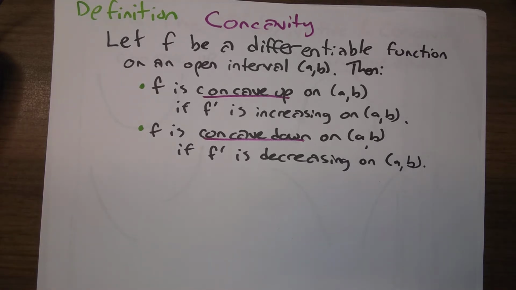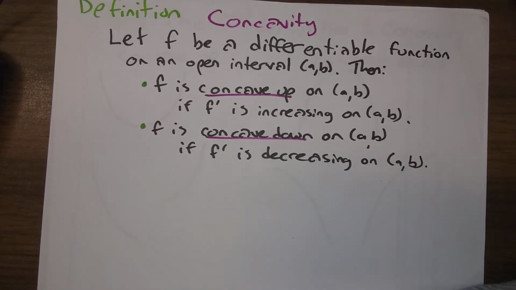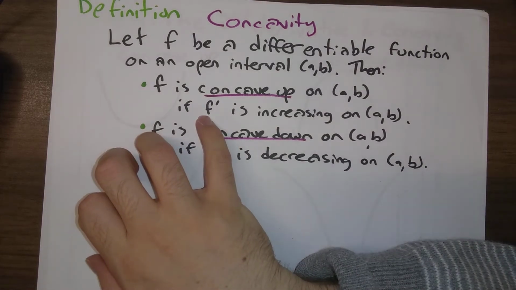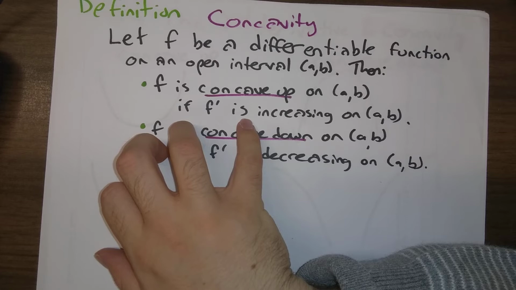So we want to translate "f prime is increasing." Let's think about what that says about the second derivative. The second derivative is the rate of change of the first derivative. So if our first derivative is increasing, it has a positive rate of change.